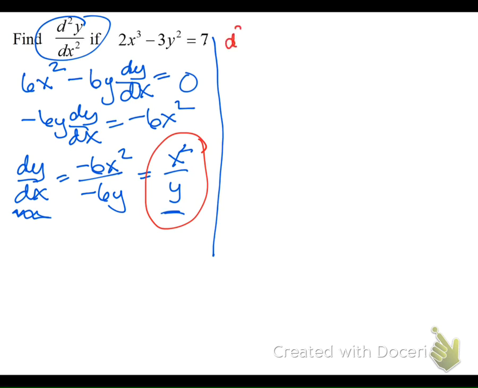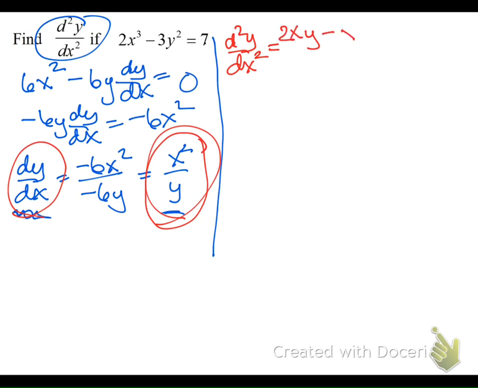Second derivative. And by the way, when I write second derivative, I'm literally doing the derivative of this side, what I wrote in red, and now I'm doing the derivative of this side, quotient rule. Okay, low, which is y, d high, 2x, minus high, x squared, d low, dy/dx. Draw the line and square below. Okay?